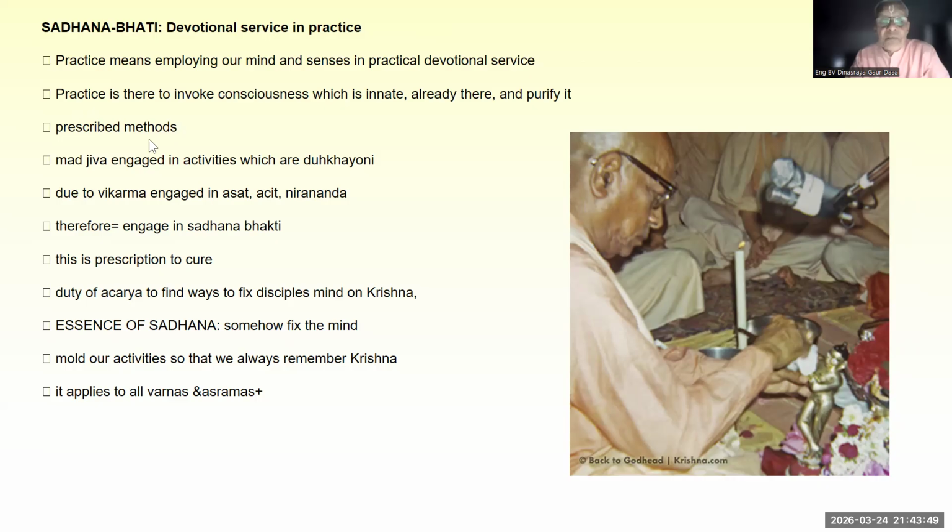Anukulyena Krishnanushilanam. We heard this word. Anukulyena means which is favorable to Krishna. And who did devotional service to Krishna which was unfavorable, as described in the Shastras? Examples of persons? Please name.